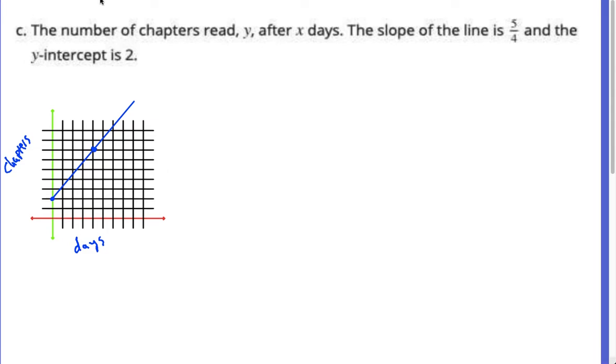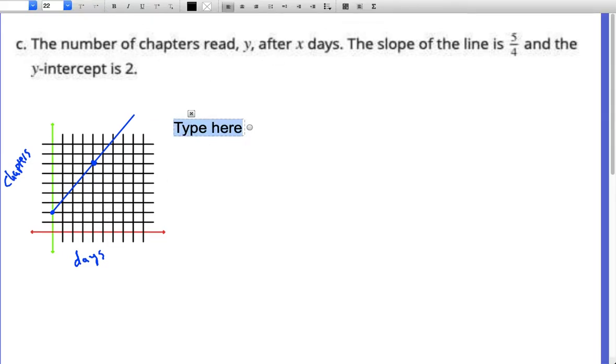Okay, so the intercept of 2 tells me, if you look at what it means, I've got chapters and days.